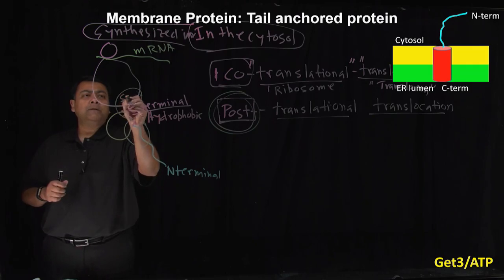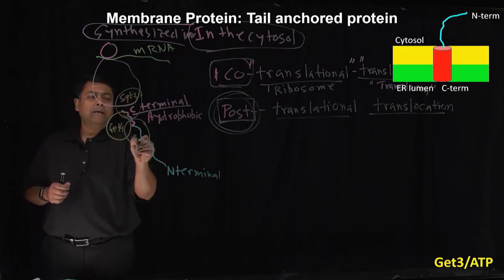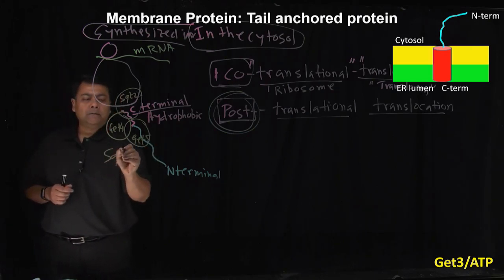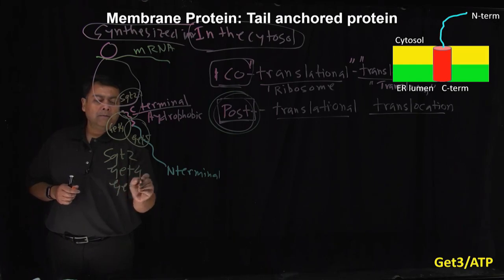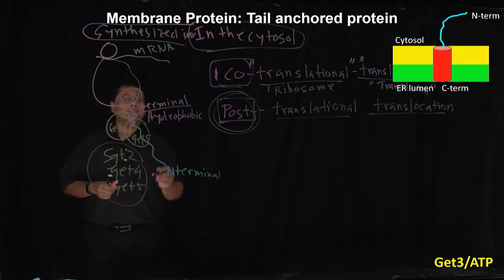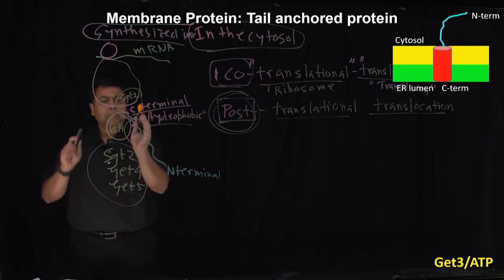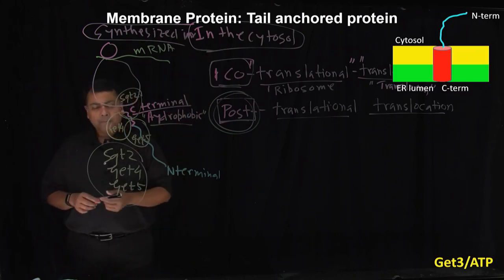These three proteins are SGT2, GET4, and GET5. These three protein complexes cover that hydrophobic part so that it doesn't interact with the aqueous environment, and stabilize the protein in the cytosol, because it is made in the cytosol.